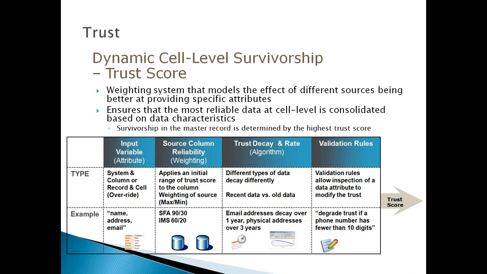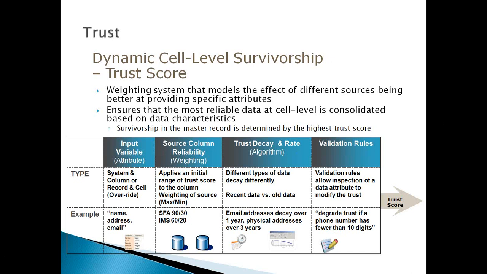One more question. When the 9-digit phone number comes, this validation rule will reduce its trust and allow the second one, which is the 10-digit number, to go to the master.